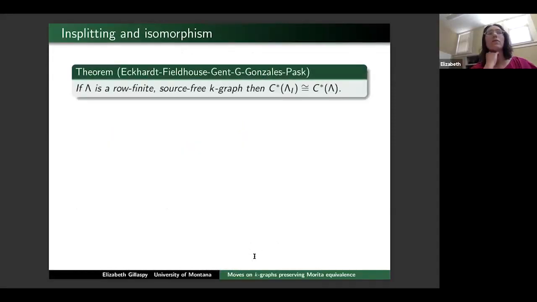Once you're able to insplit at a vertex, doing so does not change the C-star algebra, as long as you started with a K-graph which is row finite and source free. One can look at more general K-graphs. I almost never do. The Cuntz-Krieger relations get more messy. There's enough to keep me busy here in the row finite source free world. So that's where I play.